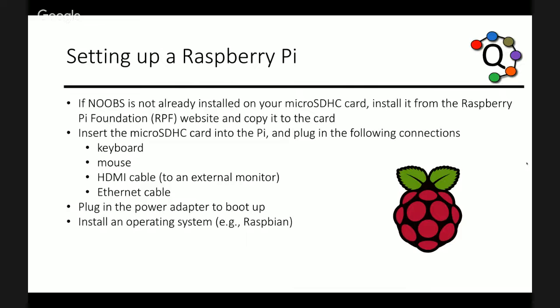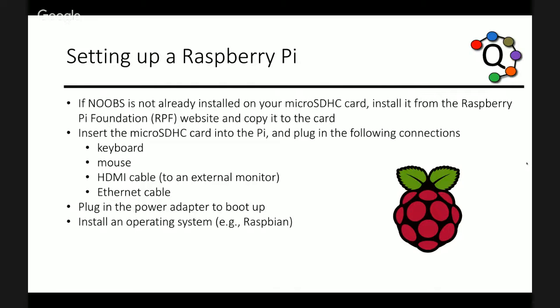And the easiest way to install that is through NOOBS, an installation manager that includes multiple operating systems. If you bought a Raspberry Pi kit, it usually comes with a micro SDHC card with NOOBS pre-installed. But if that is not the case, the software is freely available on the website.